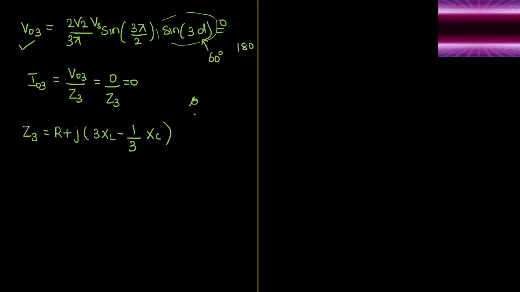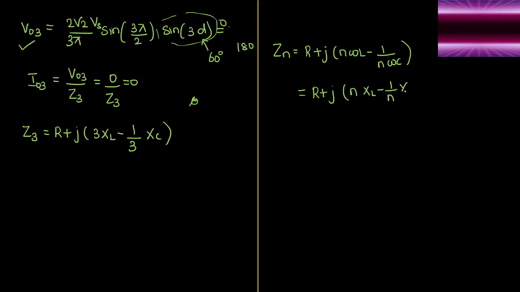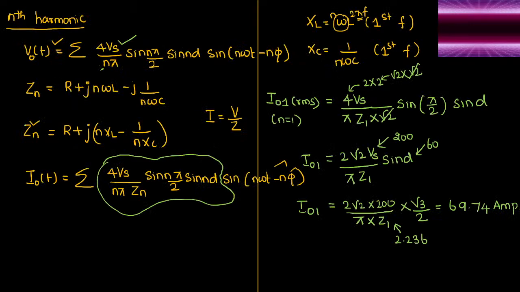Basically, the nth order harmonic impedance is equal to R plus j times of n times of omega L minus 1 upon n times of omega C. Here, how will you rewrite this? n times of omega L can be replaced by XL, and 1 by omega C can be replaced by XC. Did I write correctly here?